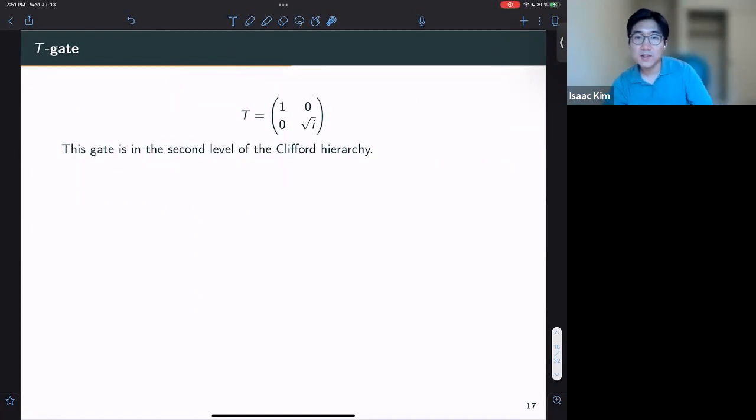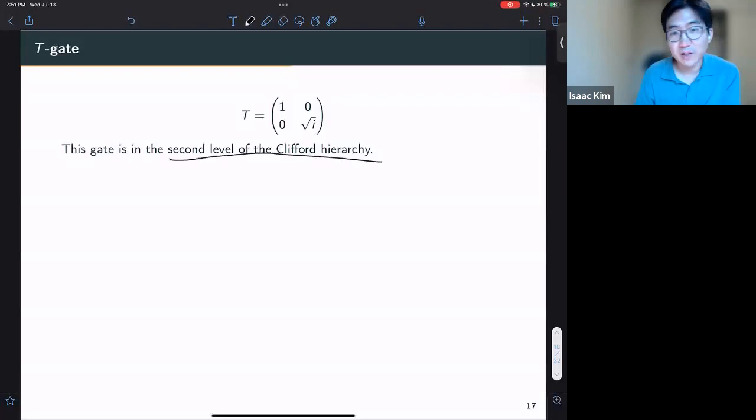Let me emphasize that the T-gate is not the only such gate. There are other gates for which the addition will make the computation difficult for classical computers. But the T-gate is a very natural choice because it's the gate in the third level of the Clifford hierarchy. So I'm just going to give you a brief idea on why that is.